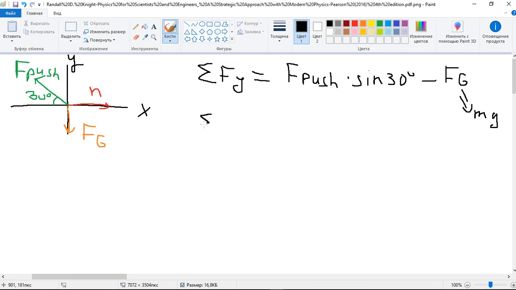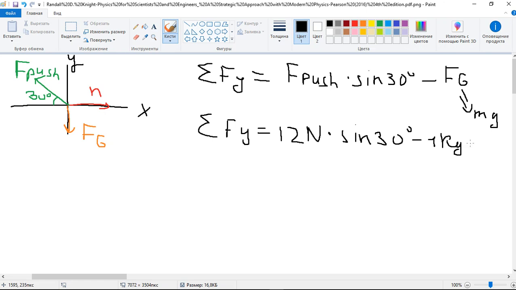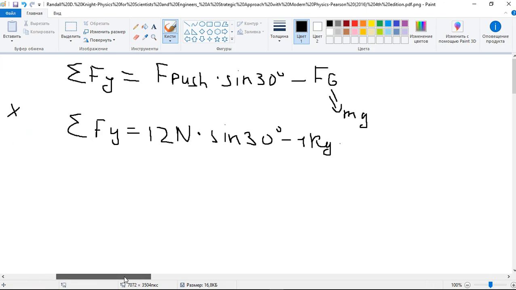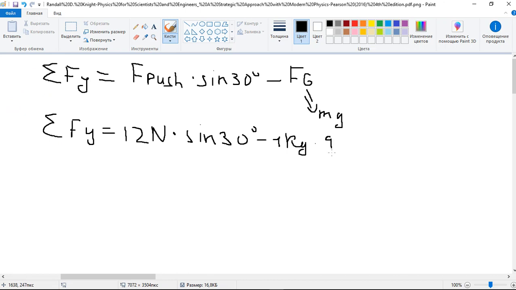Okay, let's put in numbers. F push is equal to 12 Newton multiplied by sin 30 degrees, minus the mass, which is 1 kilogram, times our gravity, which is 9.8 m divided by s squared.